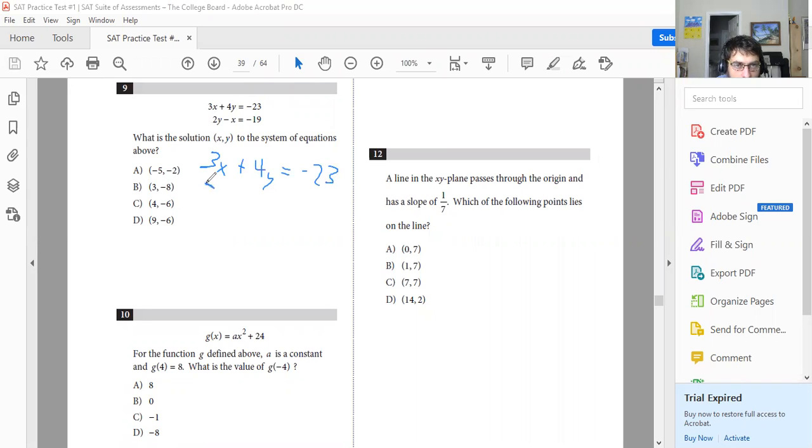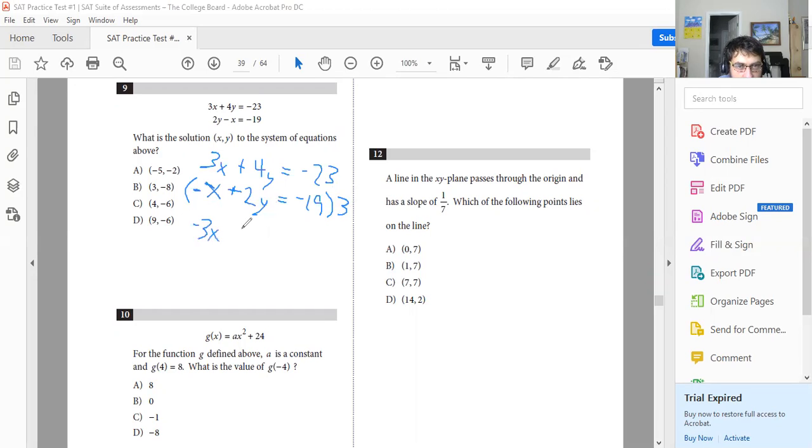And then we will be able to choose a method. I like elimination, so I'm going to multiply this equation by 3.